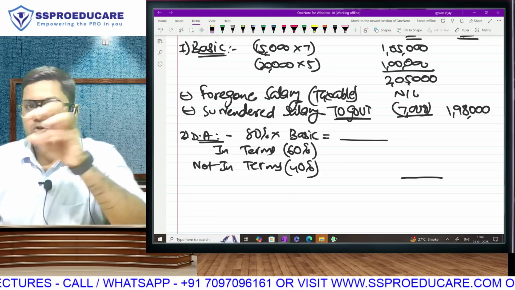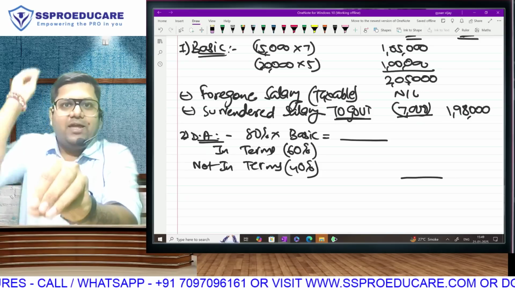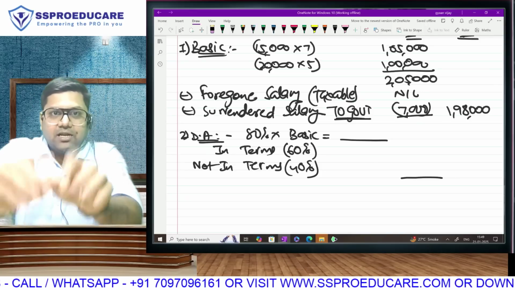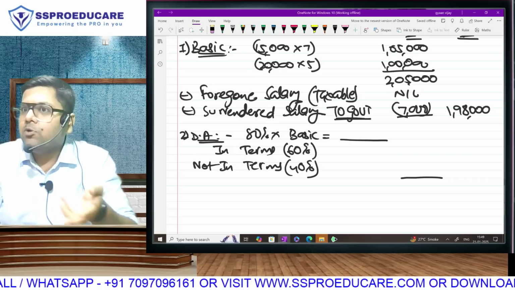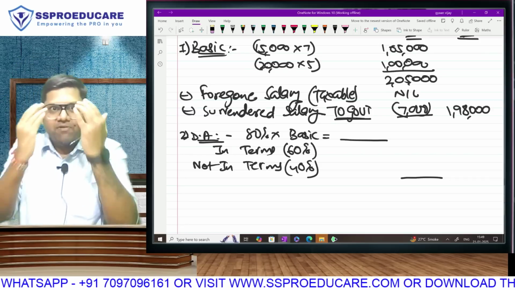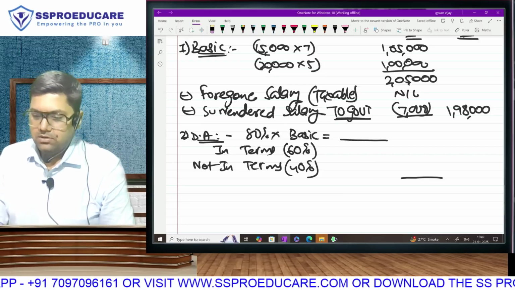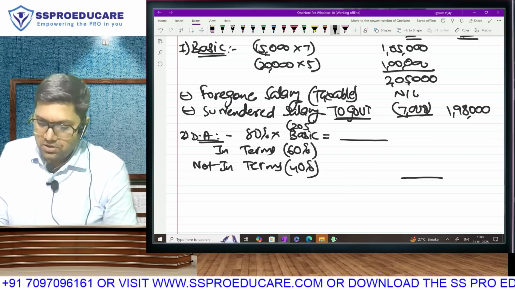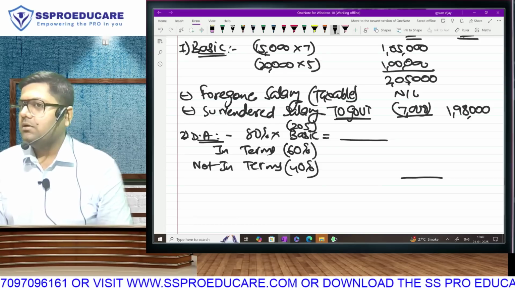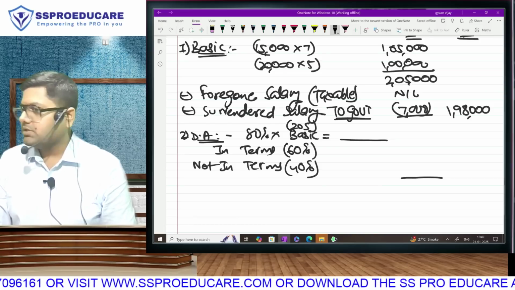Employer is giving you 205 plus 80%. From 205 you surrender. Employer does not know. In the eyes of employer, who is giving you 80% of basic, your salary is 205. You understand? Employer does not know about your surrender.